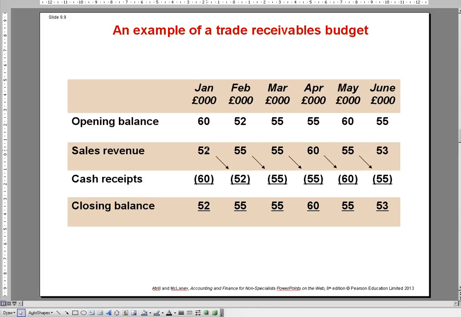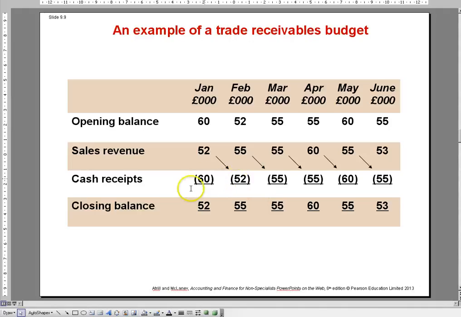So it could be a range of patterns that the firm might want to look at. But in this example, everything is going to be, according to the budget, paid 1 month later. So their sales of 55 in February are going to be paid in March. The 60 in April paid in May. So that's the actual cash receipt.